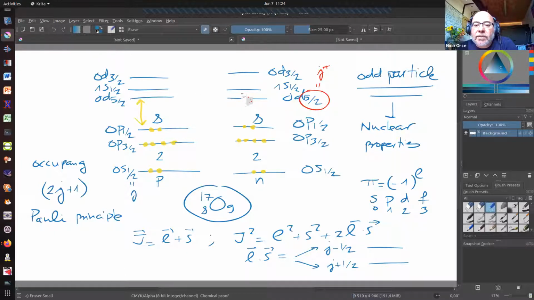Like it was there before, but now it is somewhere. Sorry, I have to change the brush. So basically, let's say that this particle jumped from here to there, right? There's an empty hole here, but the particle now is somewhere right there.